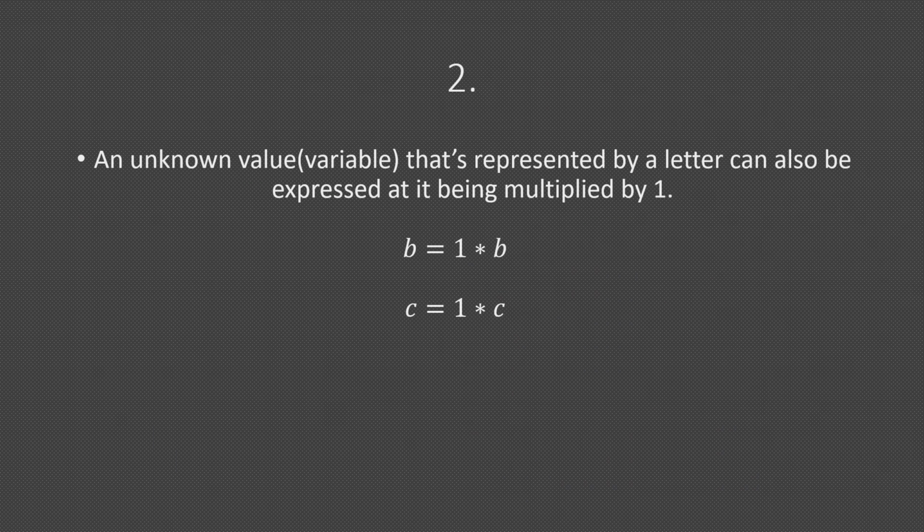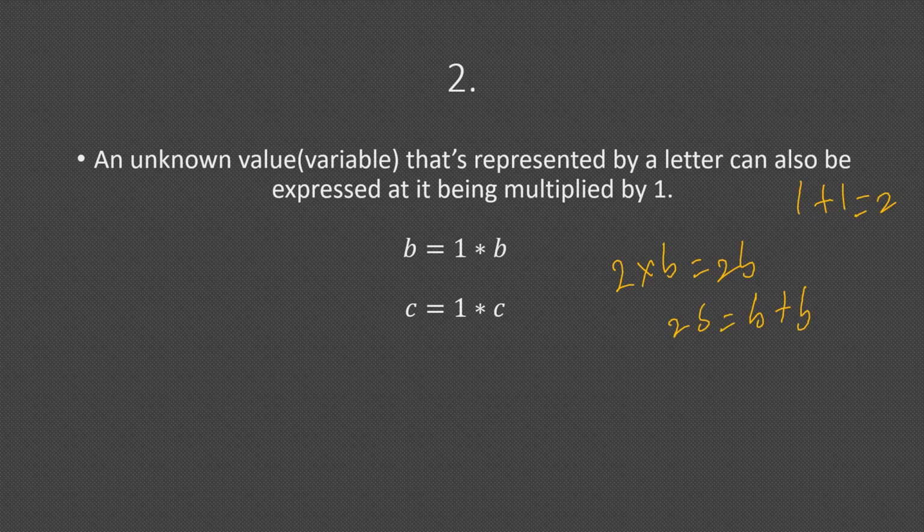Number 2 says an unknown value that's represented by a letter can also be expressed as it being multiplied by 1. This can be seen, for example, 2 times b is equal to 2b, which is the same as b plus b. It's just like saying 1 plus 1, which equals 2. In this case, 2b equals b plus b.